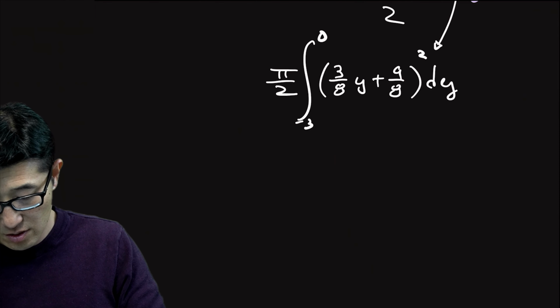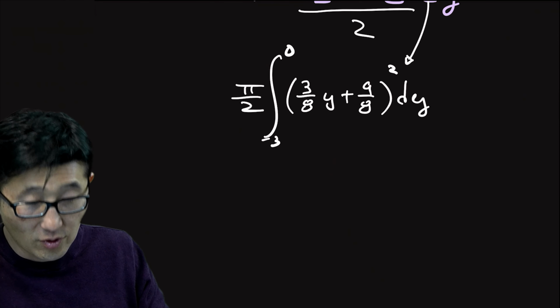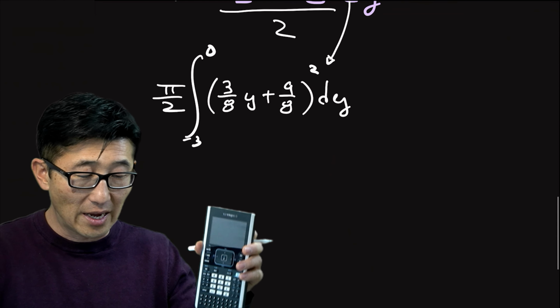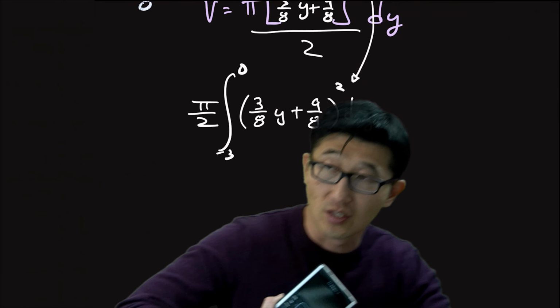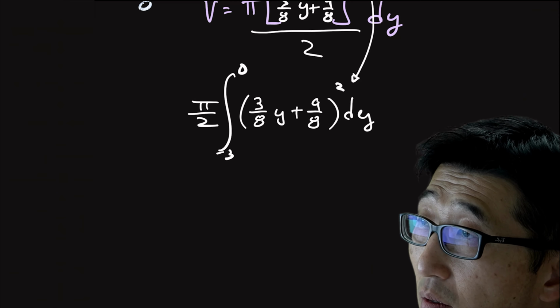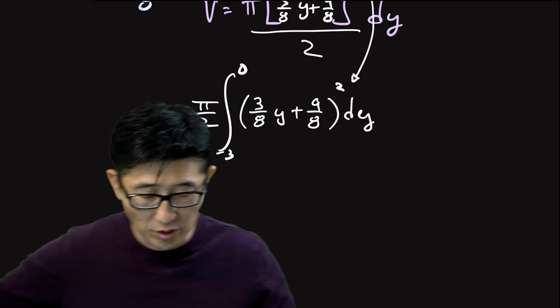Okay, I'm just going to use my calculator. I'll just type it in. The answer is, let's see, where's my answer? It's 81 pi over 128.